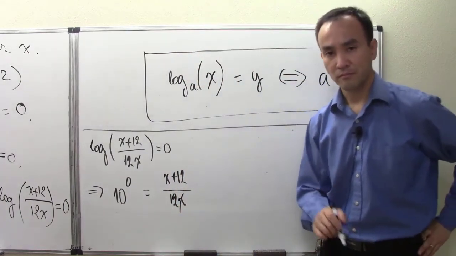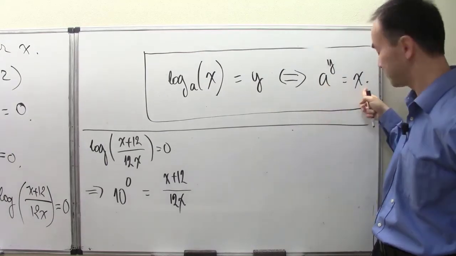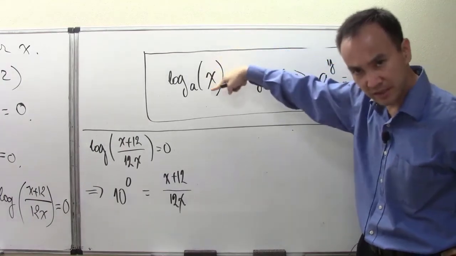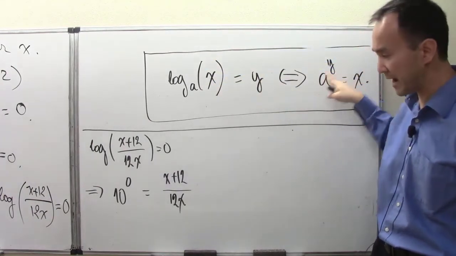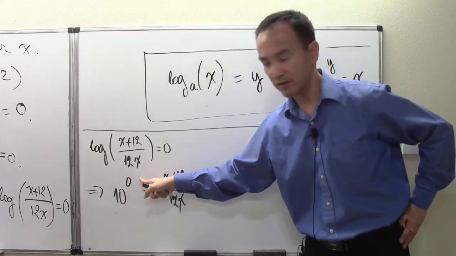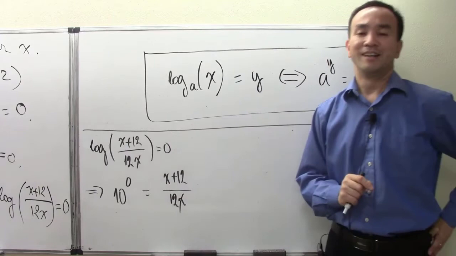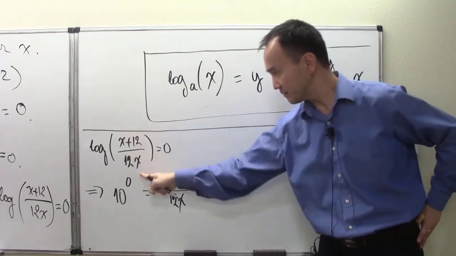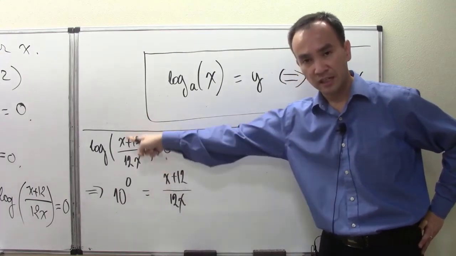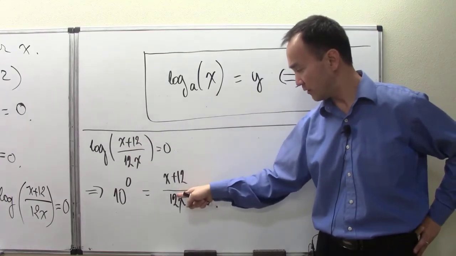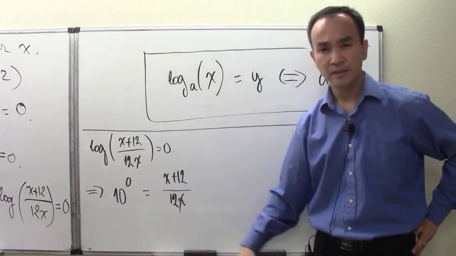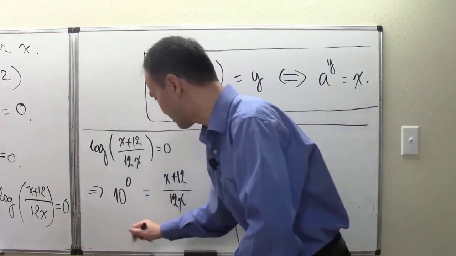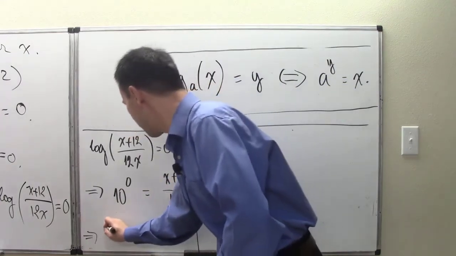The value on the opposite side of the logarithmic form equation now becomes a power. That's why I have base 10 raised to the power 0, because 0 was from the opposite side. All of a sudden the log operation is gone, and all we have is the expression that was inside the log. So x plus 12 over 12x equals 10 to the 0. But 10 to the 0 is just 1. In the next step, I'm writing this equation as x plus 12.